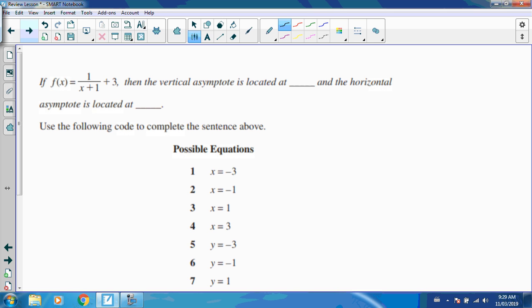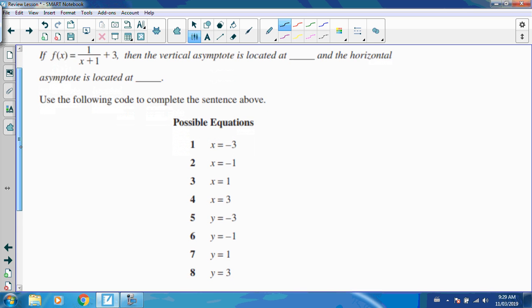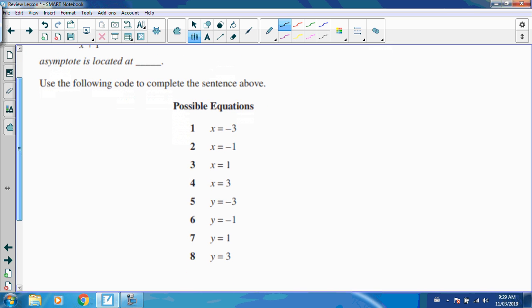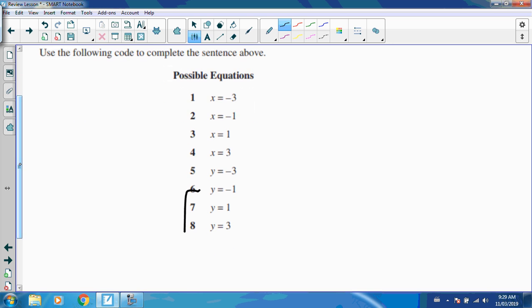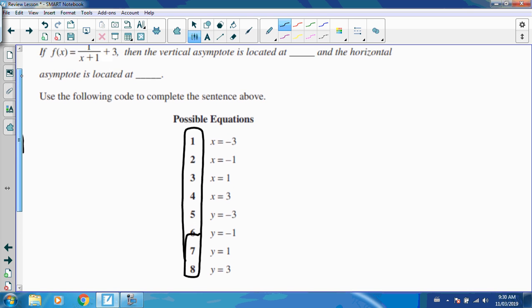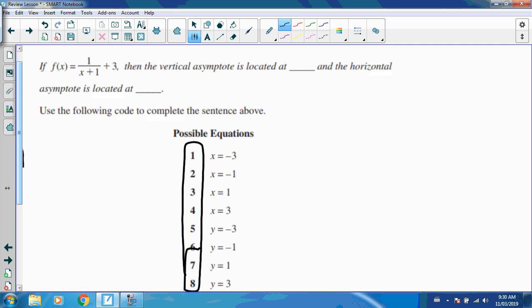Here's a good one. If f of x is 1 over x plus 1 plus 3, then the vertical asymptote is located at blank, and the horizontal is located at blank. And here you have to pick the number of the correct equation. So you have to choose one of these numbers for each blank there. So give that one a try.